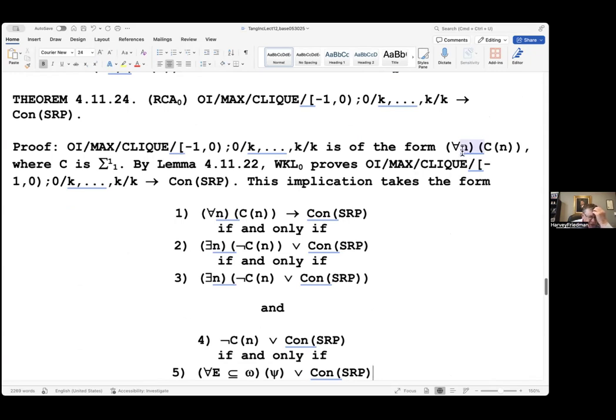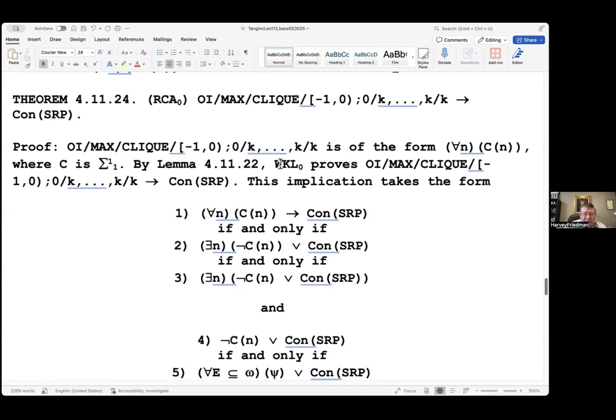Well, it's more than the dimension, right? It's over the order invariant graph. It says every appropriate order invariant graph in every dimension has a maximal clique. So the existence of an invariant maximal clique, that is sigma 1, 1, right? So it's for every n C of n, where C is sigma 1, 1.